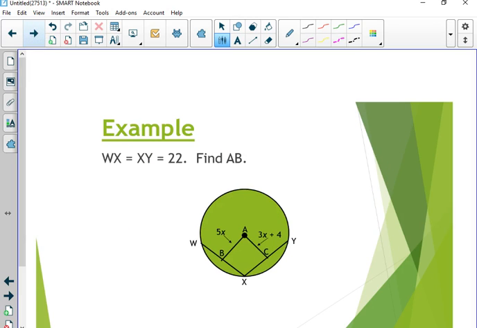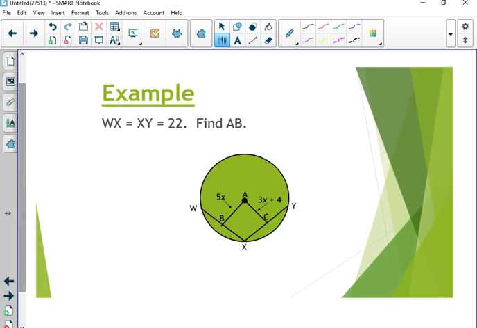So let's apply that. WX and XY are equal. So this chord and this chord are equal. Now remember, that's WX, not WB and CY. It's the whole thing. Right? And they're both 22. So that's 22 and this is 22.